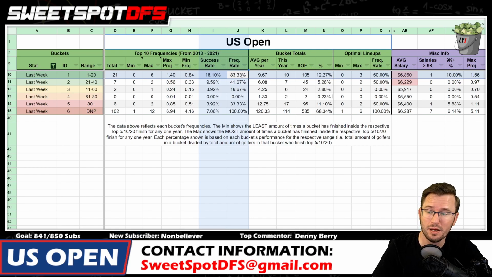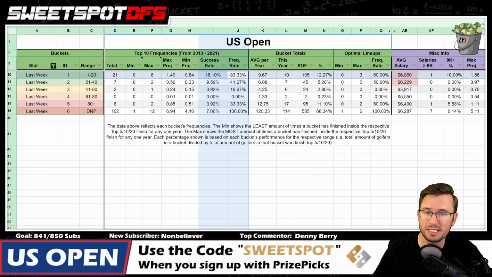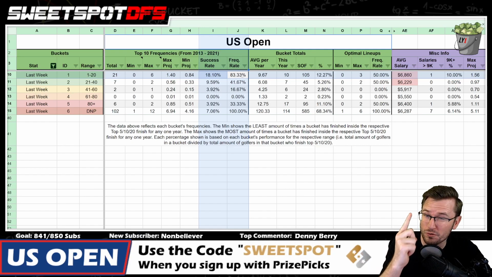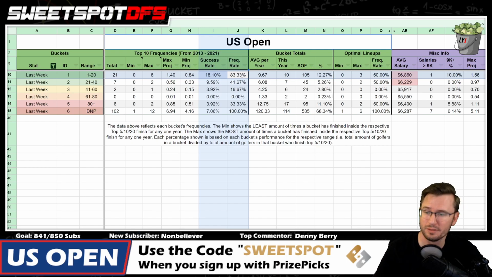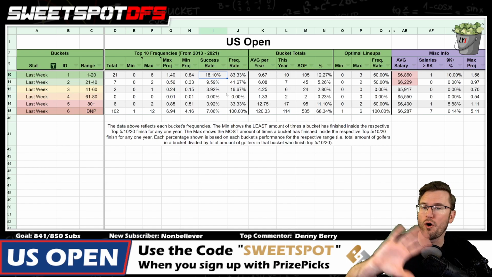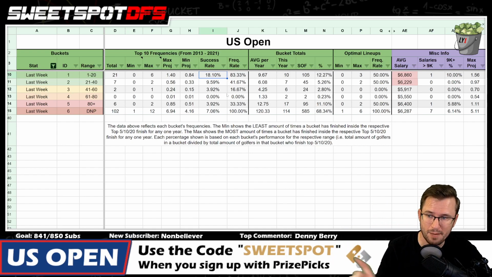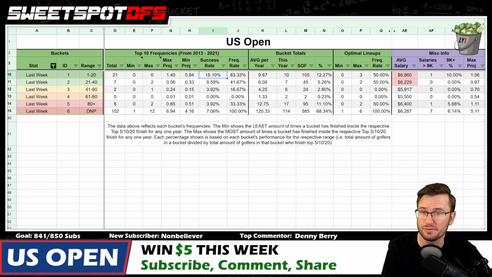Again, that means for every year that I've recorded this data, at least 83% of the time, one of the golfers from that bucket finished inside the top 10. And 18% success rate means of all golfers that represent that bucket dating back to 2013, not just every single year, but collectively as a whole, 18% of them finish inside the top 10. So that's a pretty good rate. That is a very good rate.